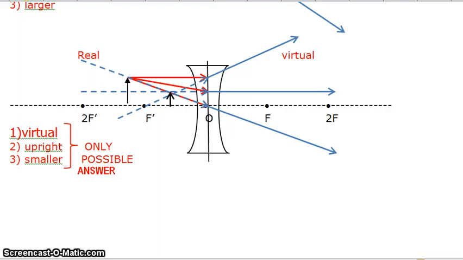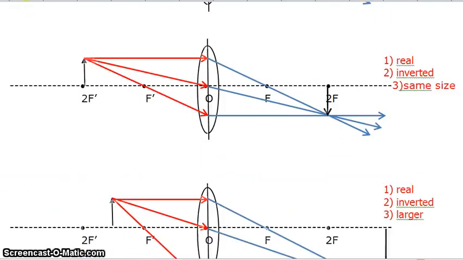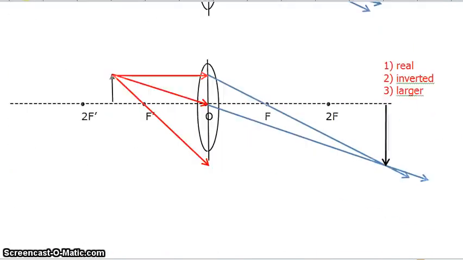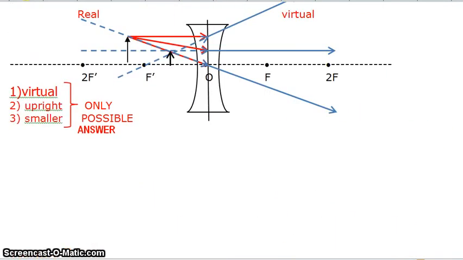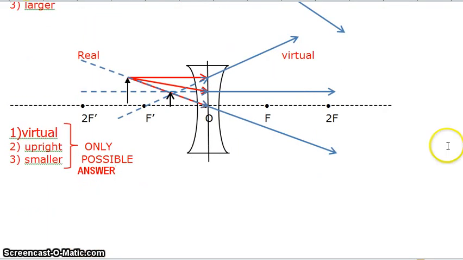Again, this is exactly the same as a convex mirror, where the only possible answer was virtual, upright, and smaller. This is why I said that if you understand mirrors, these lenses should not be very difficult. But if you're still struggling with mirrors, you need to go back and watch those videos instead of trying to struggle through this one.